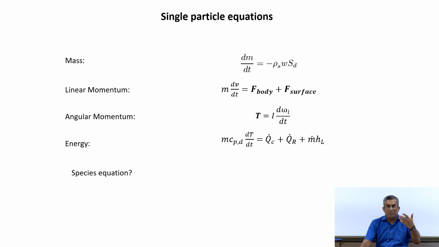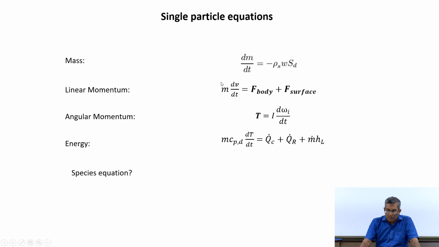Okay. In that case, we have to consider the species equation, but here we do not, because our focus is more on the transport of the particles. So, even if that happens, we can use some suitable model for that, but it may be important in some cases.